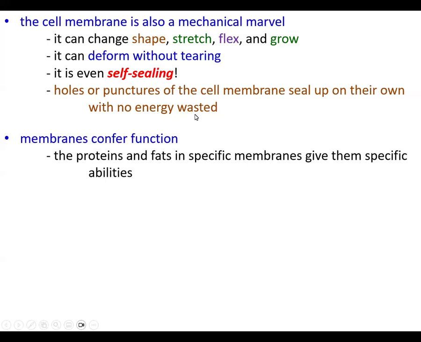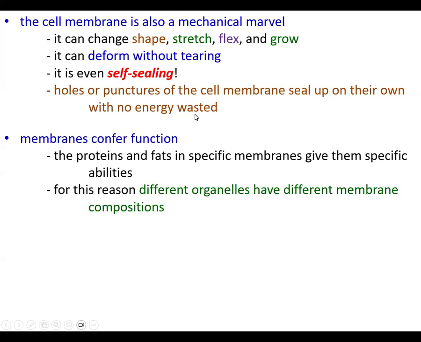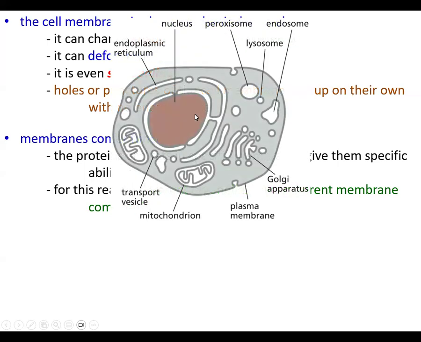So the membranes give the organelles, give the cell, give membrane domains their function as a direct result of the lipids that they contain, and much more so, the membrane proteins that we find in those membranes. So it's for this reason that the different organelles in the cell have different, distinct and unique membranes, because each organelle is dedicated to a different purpose or job, and to do that job, its membrane needs to be well suited for that purpose, and so the membranes differ.